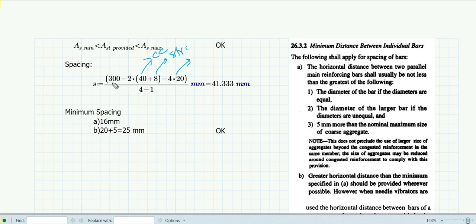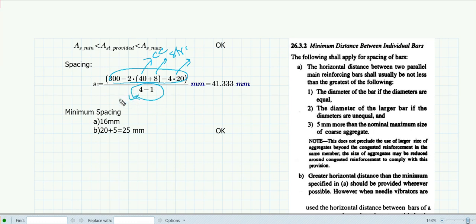Whatever we finally get will be the area of concrete that remains after subtracting the clear cover, the stirrup, as well as the diameter of the bar, divided by how many numbers of spaces are available between the bars.